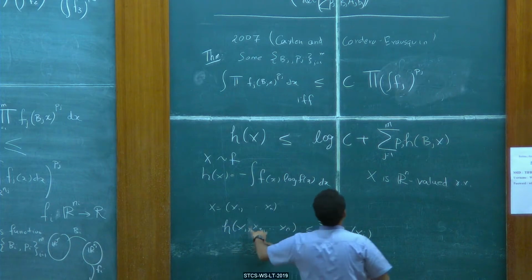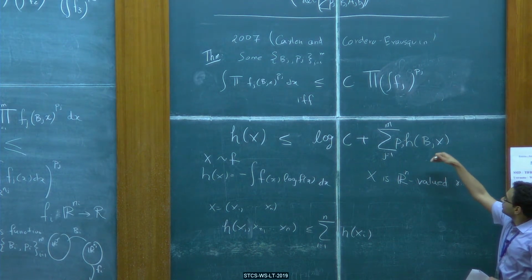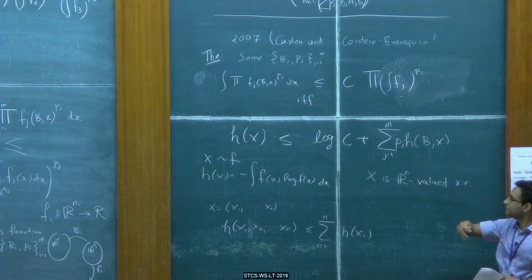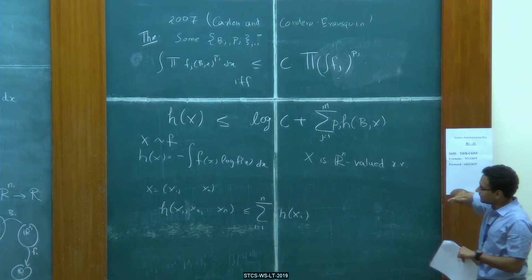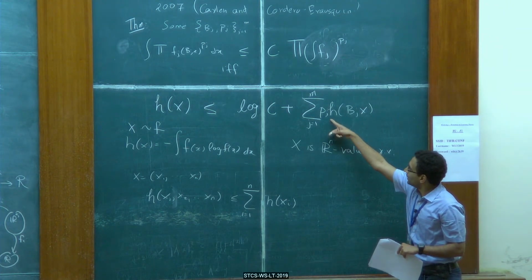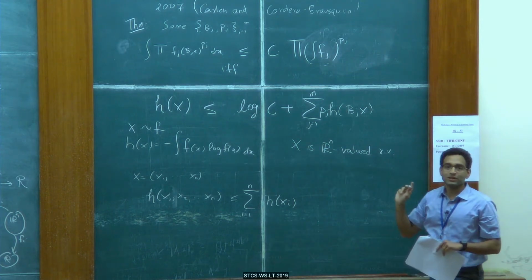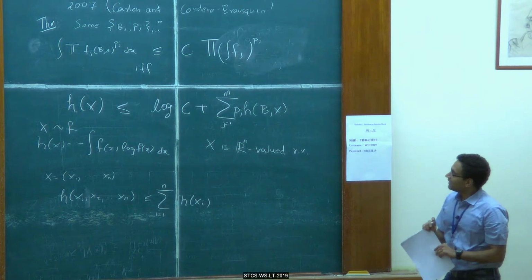You can think of this result as being the same as this result, where your bj's are the projections onto the coordinate dimension. Each bj is projecting onto the ej vector, and these pj's are all 1 and c is also 1.